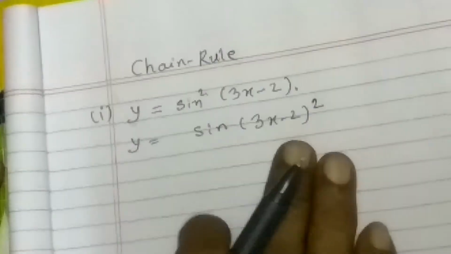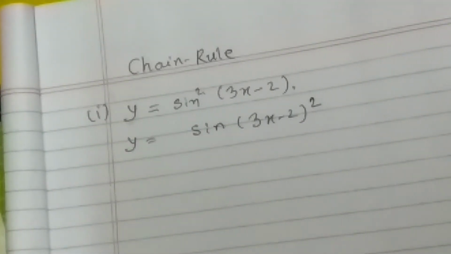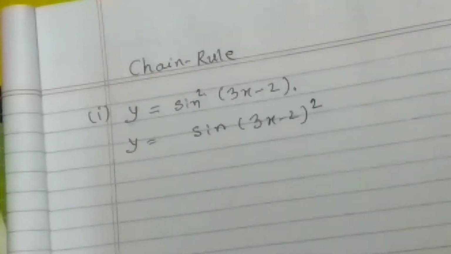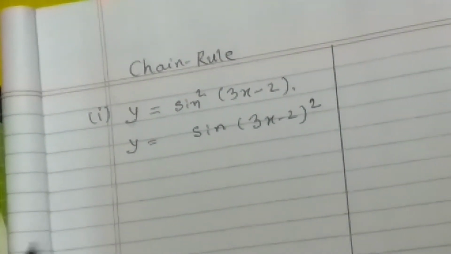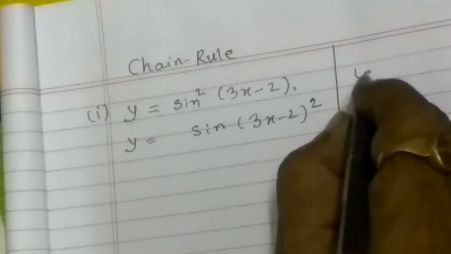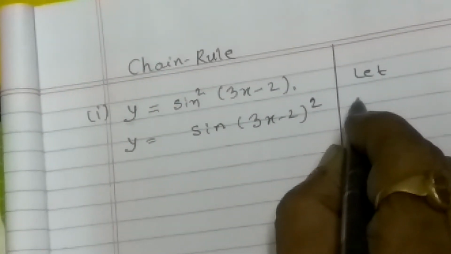After practice, you can mentally do so. Let's see what is going on. So we can write sine 3x minus 2 whole square.